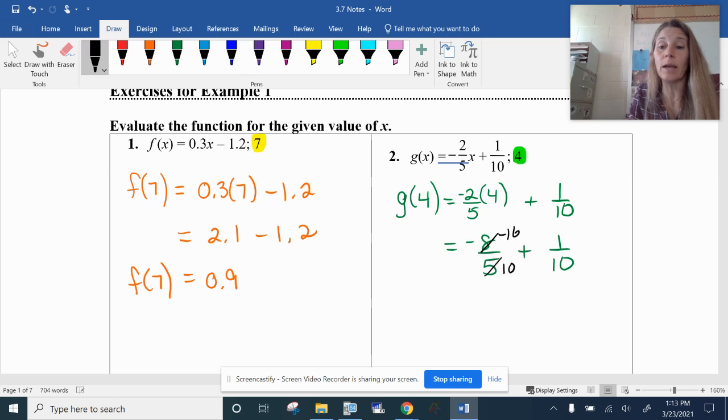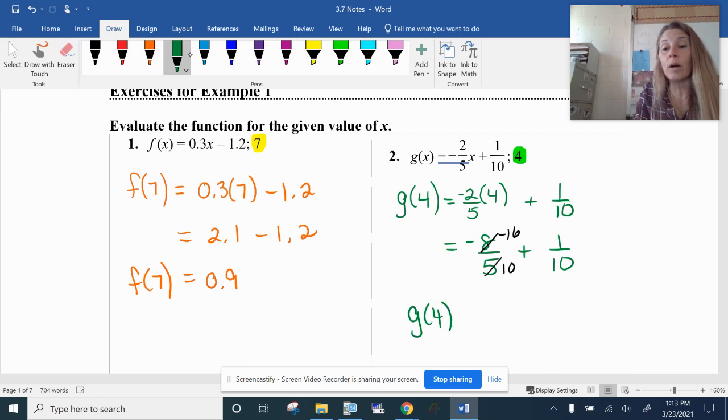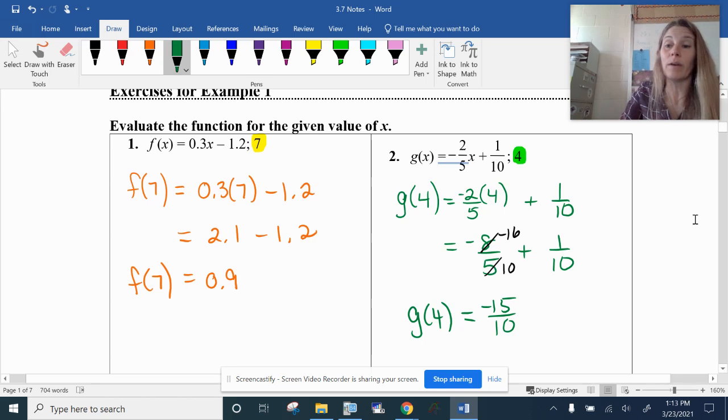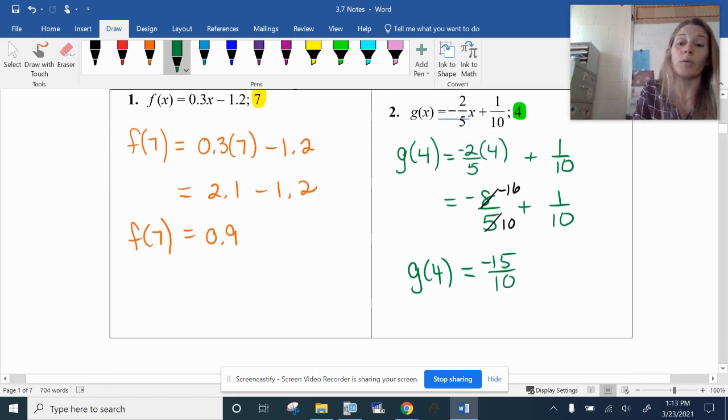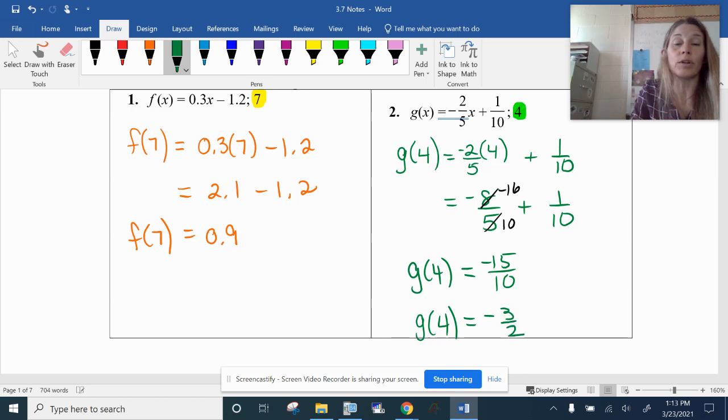Then this is going to be a negative 16. So g of 4 equals negative 16 plus 1, which is negative 15, over that common denominator of 10. If I simplify this, I'm going to have g of 4 equals negative 3 over 2.